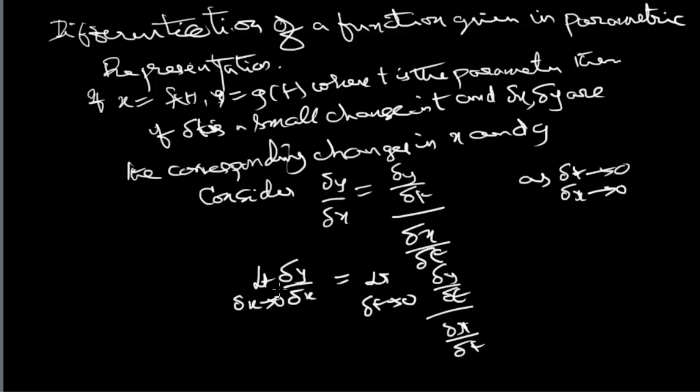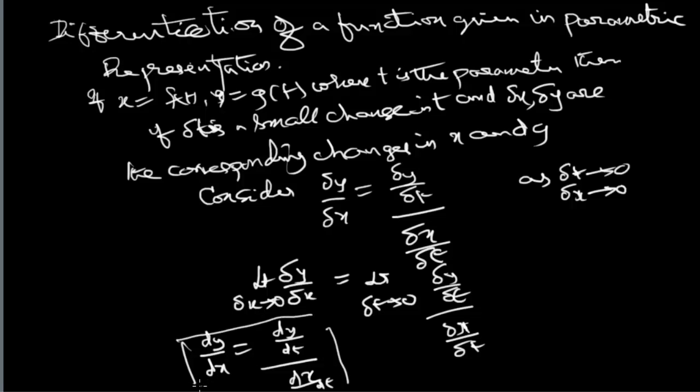Now by usual notation, left hand side becomes dy by dx. So dy by dx is equal to, numerator becomes dy by dt, and denominator is dx by dt. So this is the formula for differentiation of equations given in parametric representation.